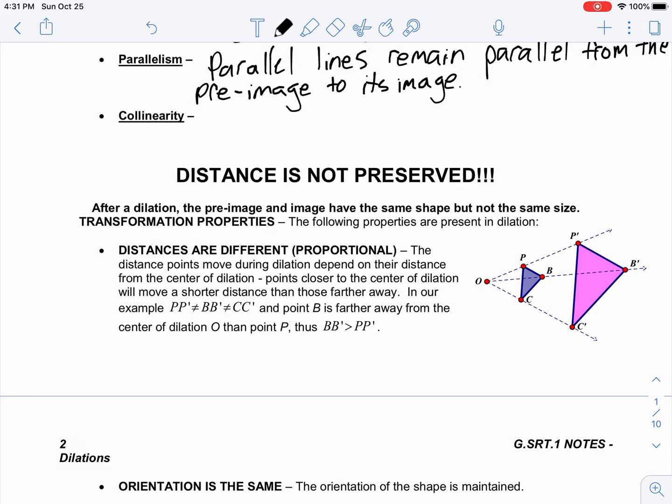Remember, collinear points means points that lie on the same line. If we have collinear points, those points will still be on the same line.